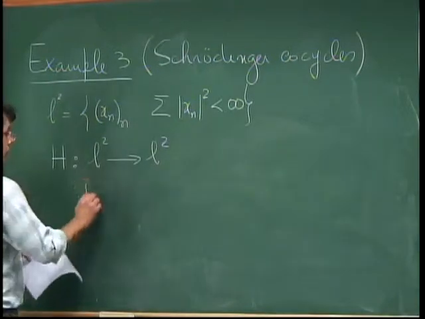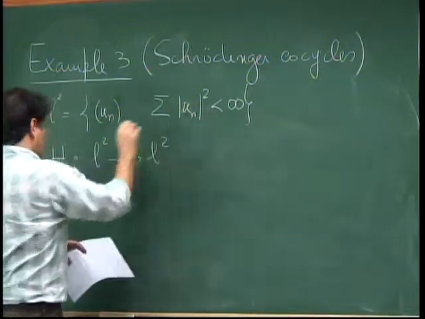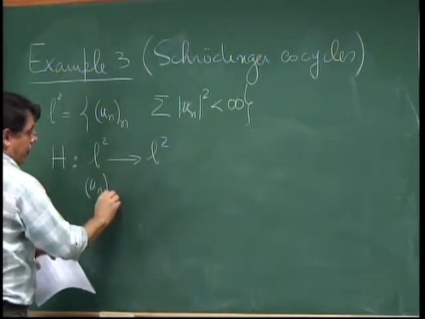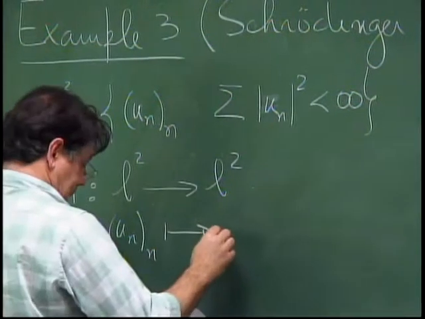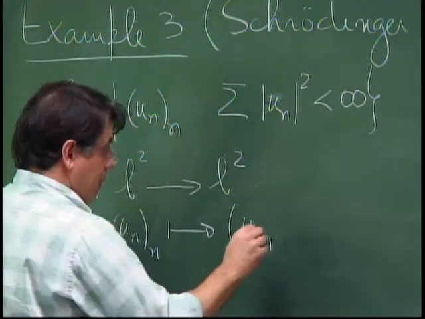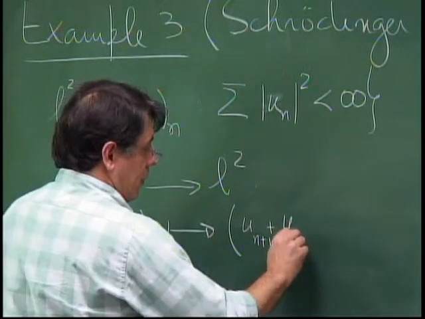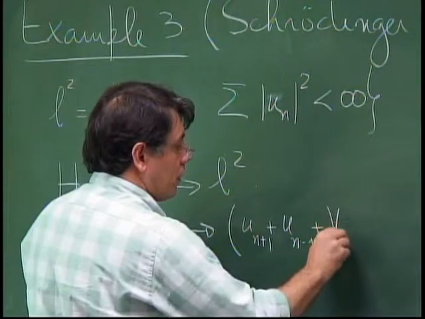You take a sequence, I'm going to use U here, it's the notation that is in the book. You take a sequence Un and you map it to the sequence Un plus 1 plus Un minus 1 plus Vn Un.